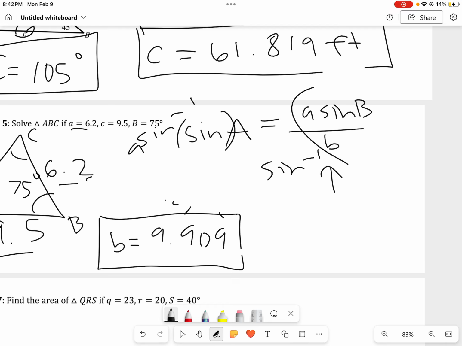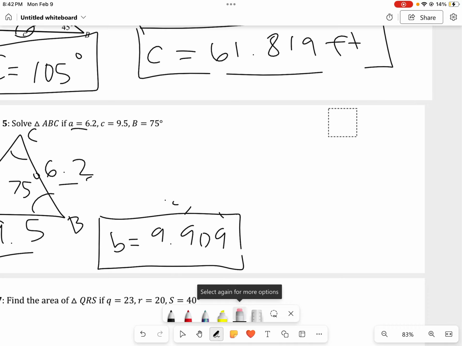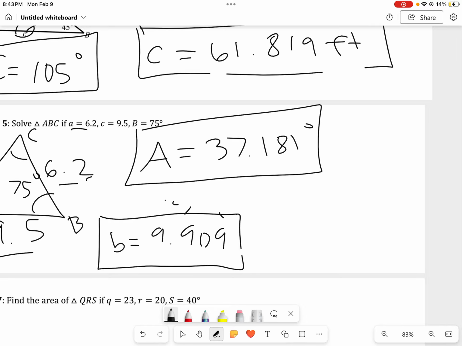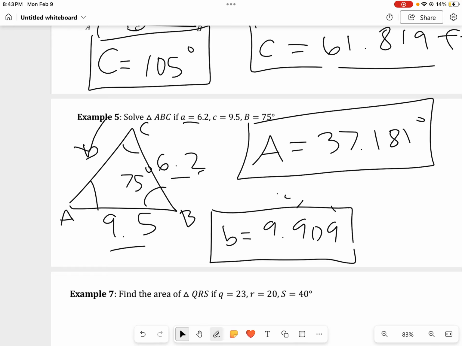Do all that, and after you round, A should be 37.181 degrees. Okay, so now we have angle A, and angle C.